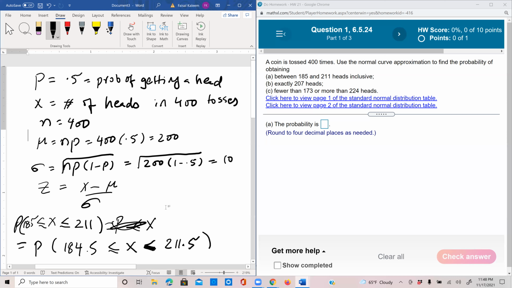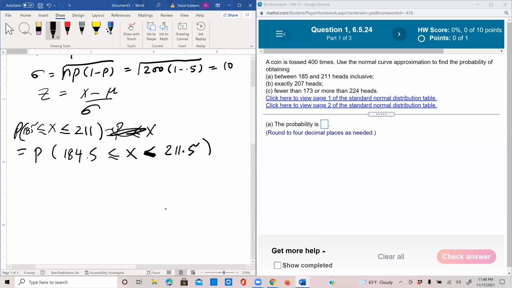So we will need to change these into z-scores. So z1 will be 184.5 minus the mean, which was 200, over 10, which equals negative 1.55.